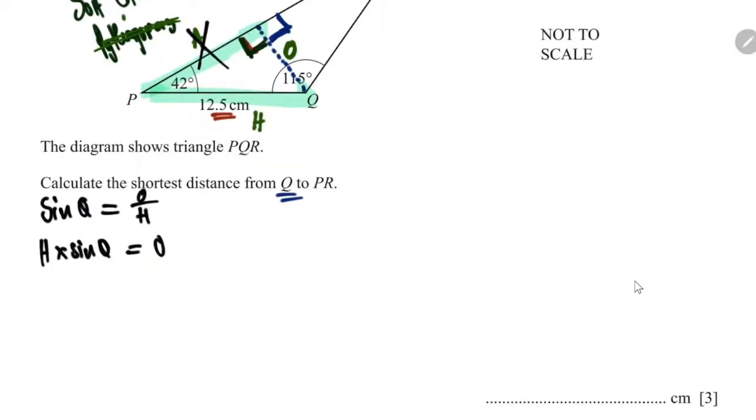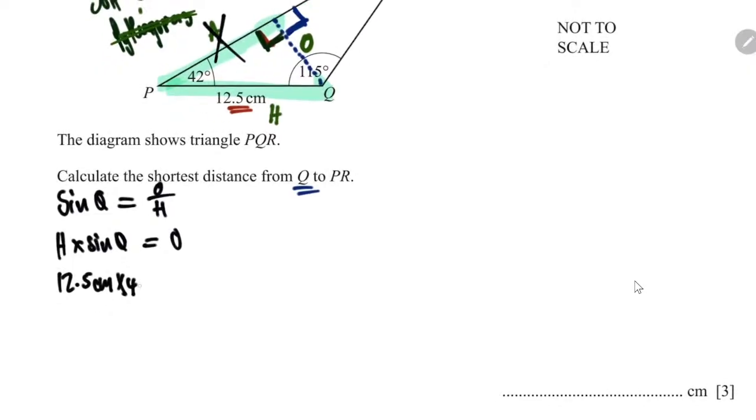which is 12.5 times sine 42 degrees. This is the opposite.